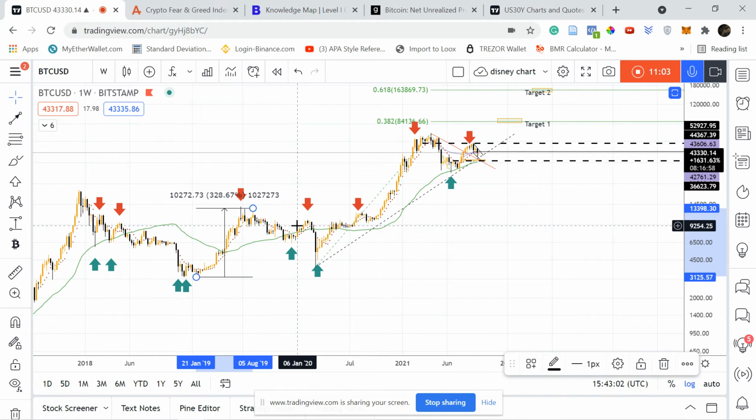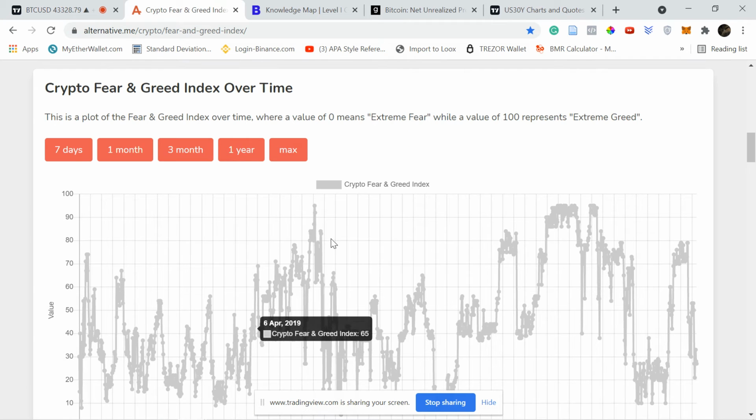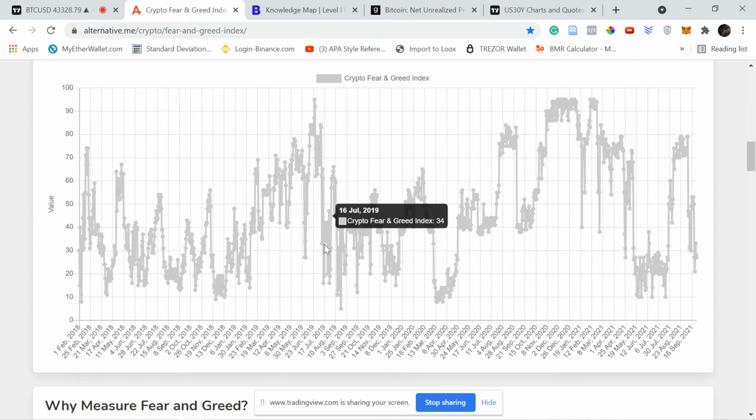Now let's have a look at another one. Again, we have a bottoming out process over here on the 16th of December. Let me check.